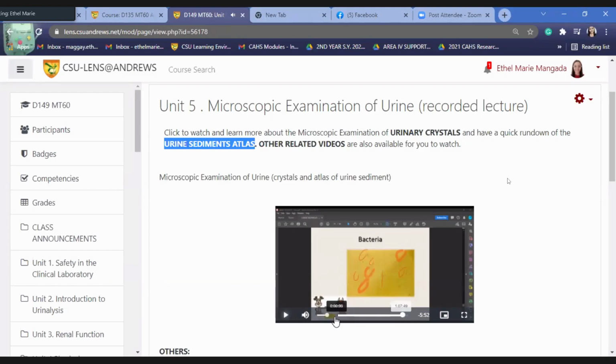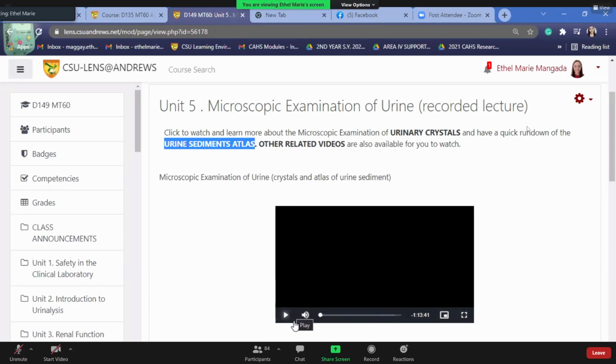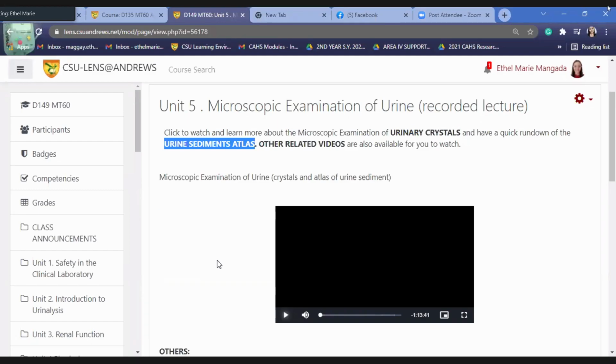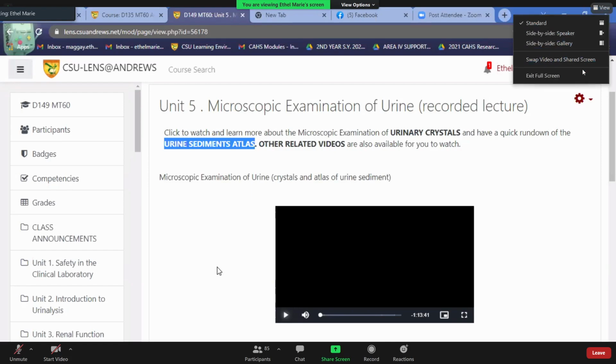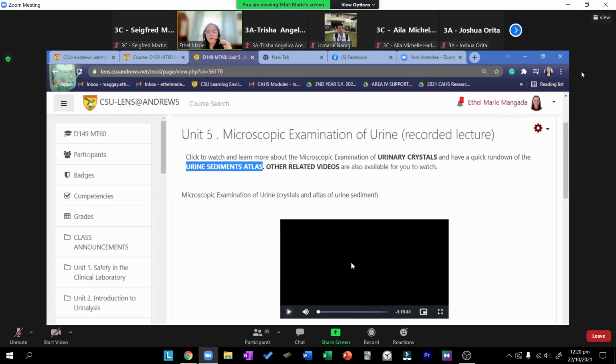Ilan ba to? So, 1 hour lang naman siya. 1 hour siya. So, very lengthy kasi talaga, yung discussion ng microscopic exam. Kamukha nung sa chemical exam ninyo. So, for 3A, kung may vacant naman na kayo mamayang hapon or may time pa kayo, panoorin nyo to, lalo-lalo na yung sa last part kasi andun yung atlas ng urine sediments natin.